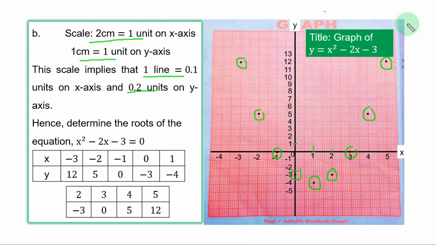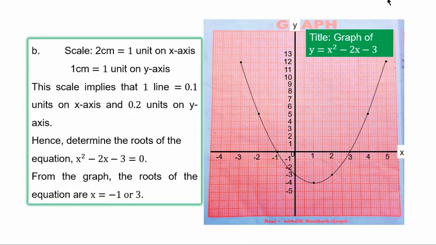Next thing is to join the various points together. Now, all the points have been joined together. In that question, part B also, you are asked to determine the roots of the equation s squared minus 2s minus 3 equal to 0.